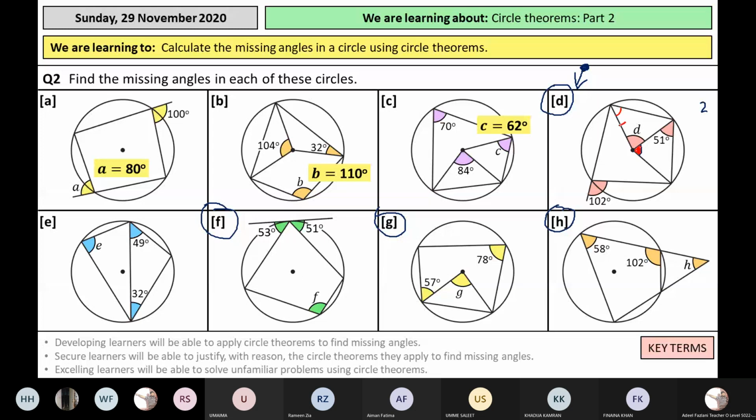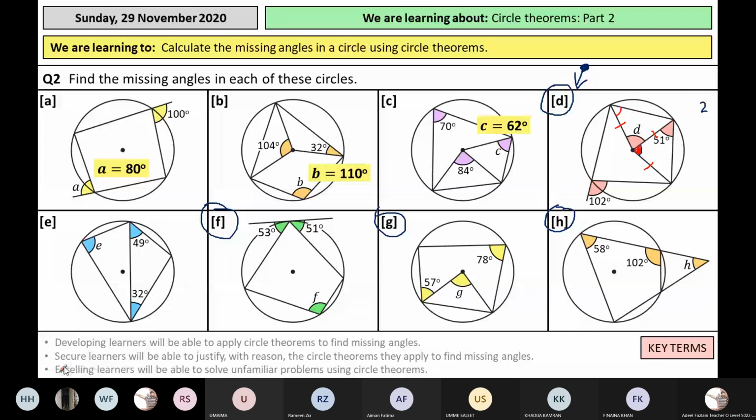You tell me, this side is equal to this side, yes or no? This side is equal to this side because of the radius, yes or no? Yes. And what happens in an isosceles triangle?